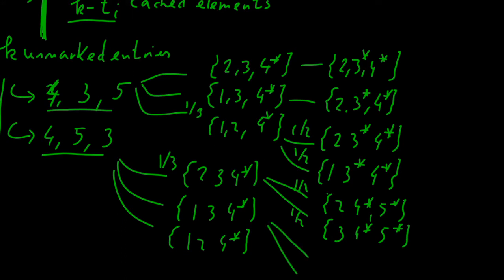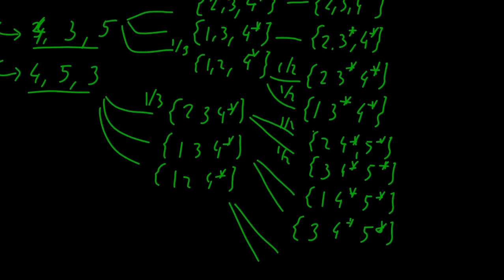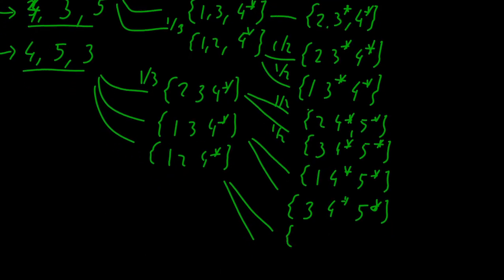Here it's again 1/2, 1/2 if I'm loading the 5, so it's 1, 4 star, 5 star, and then it's 3, 4 star, 5 star. Or I can do this all day, so 2, 4 star, 5 star, or 1, 4 star, 5 star.